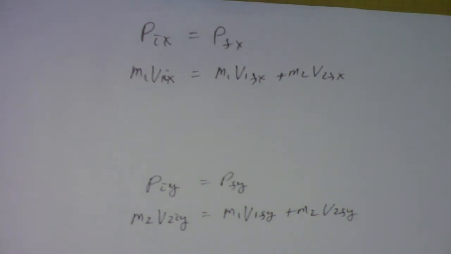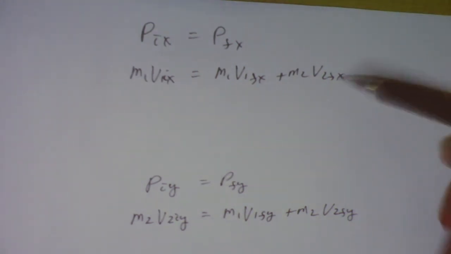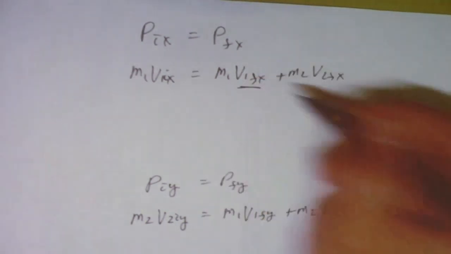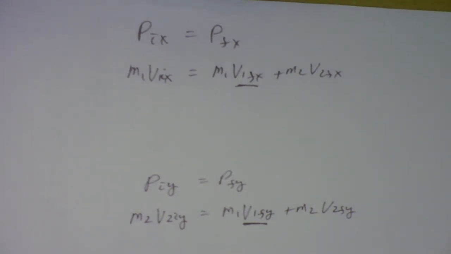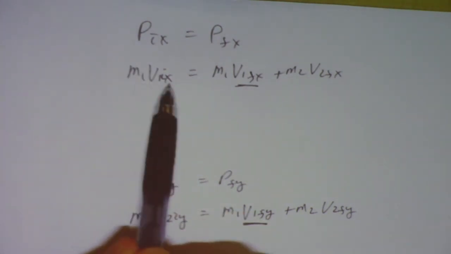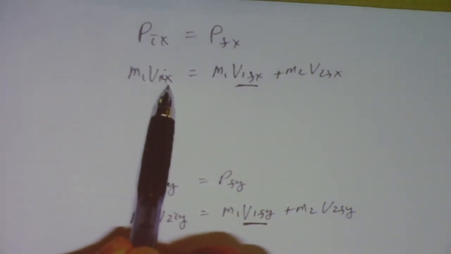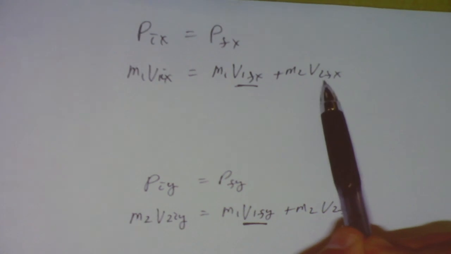So the two things that we're looking for, we now can find. In this one, the only thing that we don't know is mass 1 v1 final. That's the only thing that you don't know. And same thing with this one. So then it becomes an algebra problem again. You know what mass 1 is, you know what v1 initial x is, you know v2 final x.